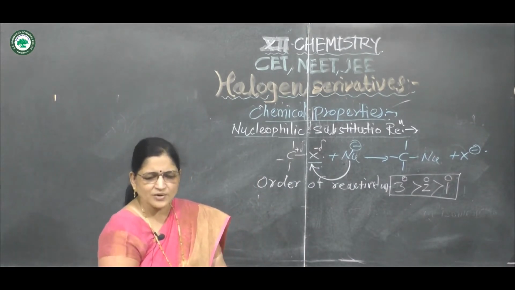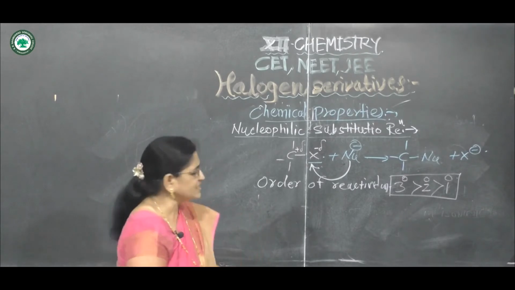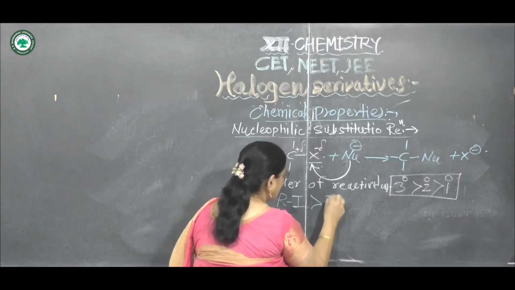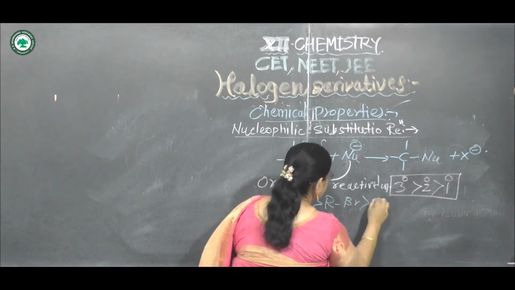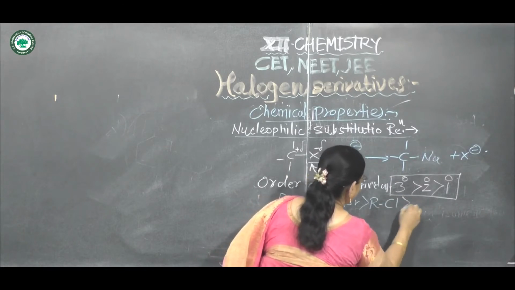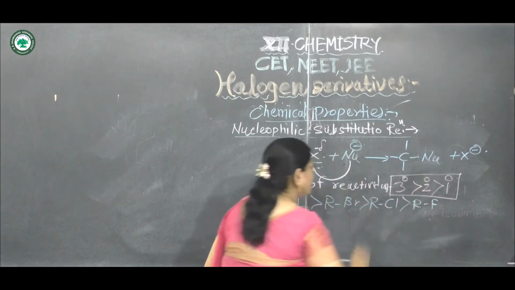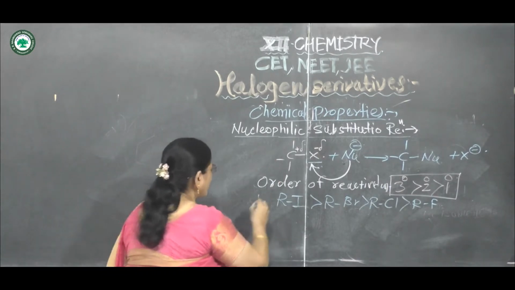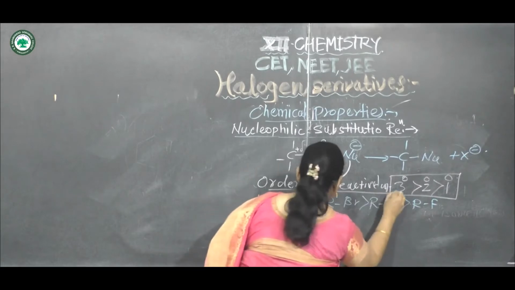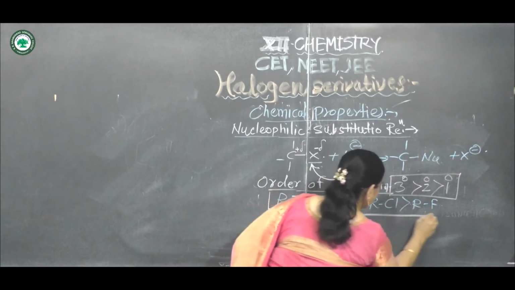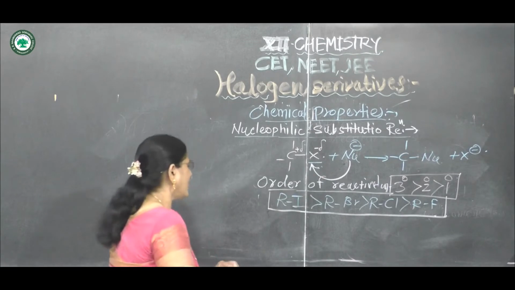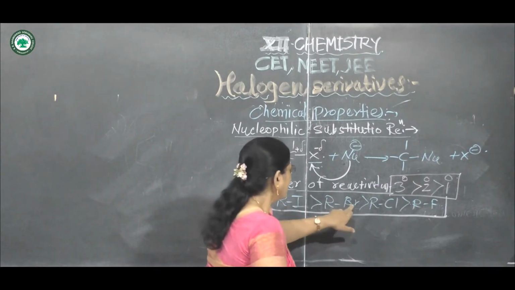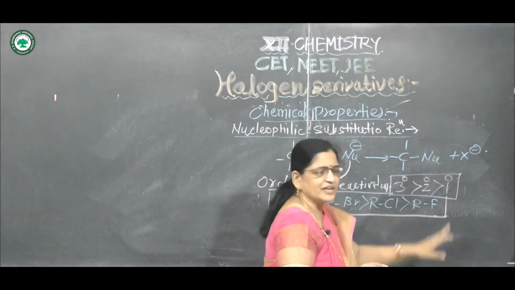Also, the second order of reactivity is alkyl iodide greater than alkyl bromide, greater than alkyl chloride, greater than alkyl fluoride. In nucleophilic substitution reaction, alkyl iodide is more reactive than alkyl bromide, alkyl chloride and alkyl fluoride.